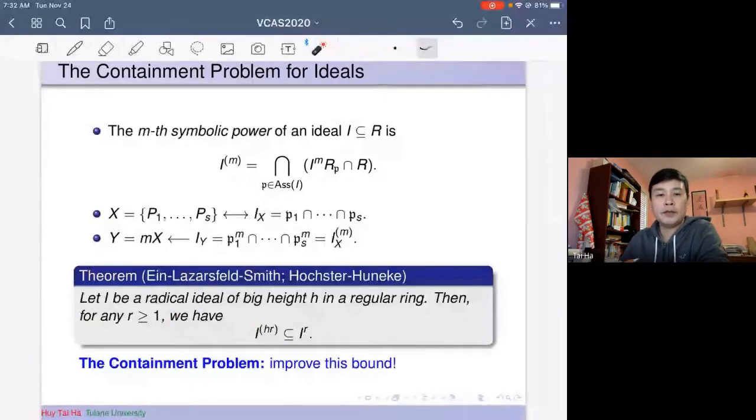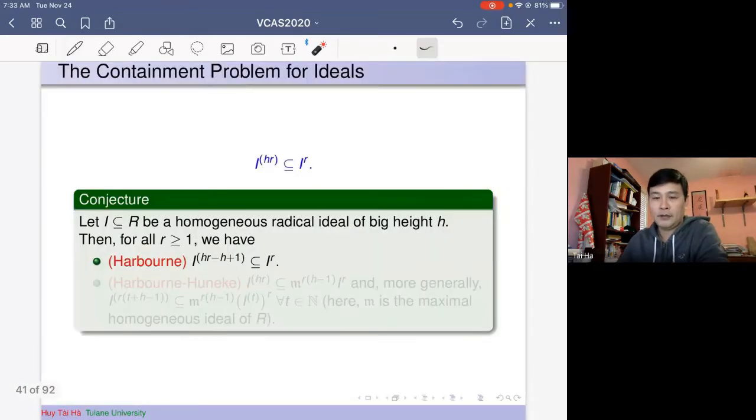So there are two ways of improving this containment, right? One can either make the left-hand side bigger by dropping the power, or make the right-hand side smaller by multiplying an ideal with an ideal. And for that, there come two conjectures.